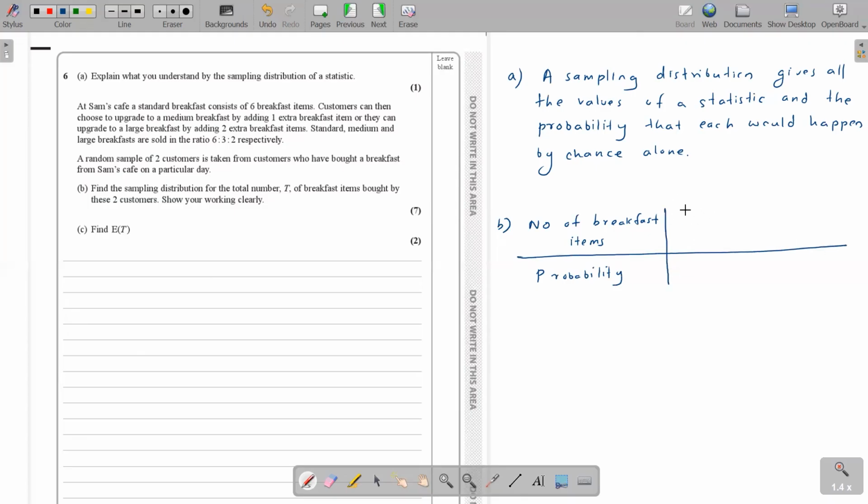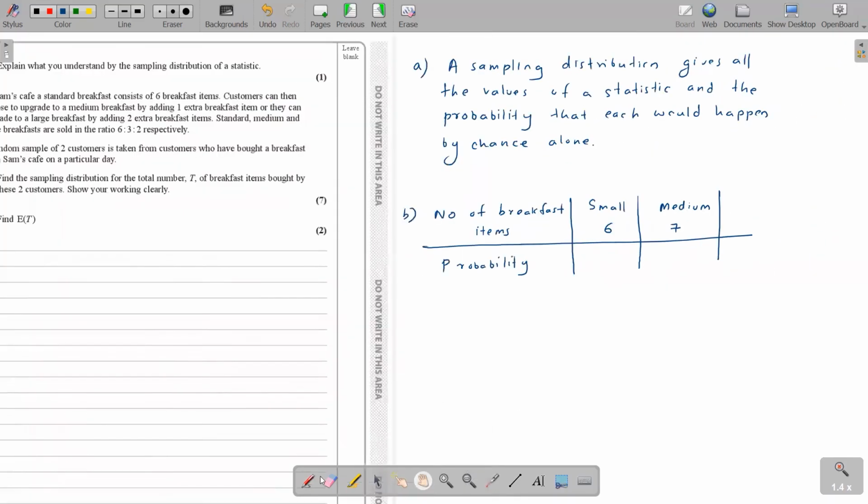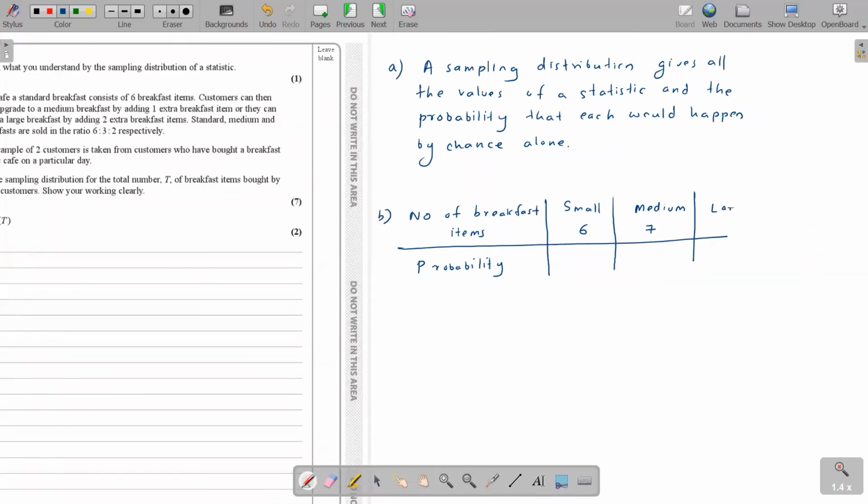First one is small, and in small, how many breakfast items do we have? 6, because they say it consists of 6 breakfast items. In the medium, 6 plus 1, so that's 7 breakfast items. In large, 6 plus 2, you have 8.